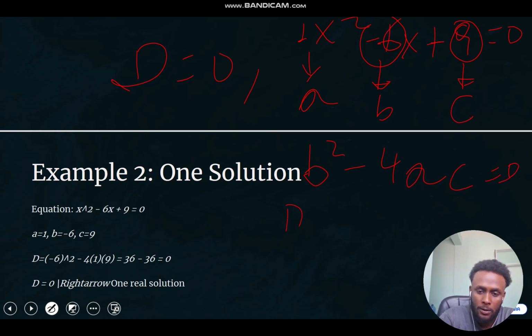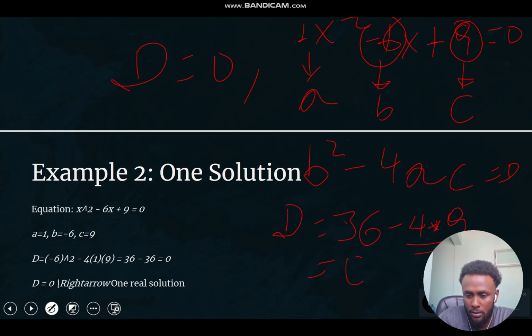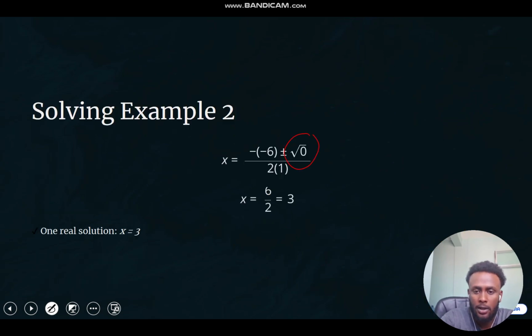The discriminant is equal to 6 squared, 36, minus 4 times a, which is 1, and c, which is 9. 36 minus 36, so the discriminant becomes 0. In this case, adding and subtracting 0 from any number doesn't make any difference, so we will get one unique solution, as you can see.